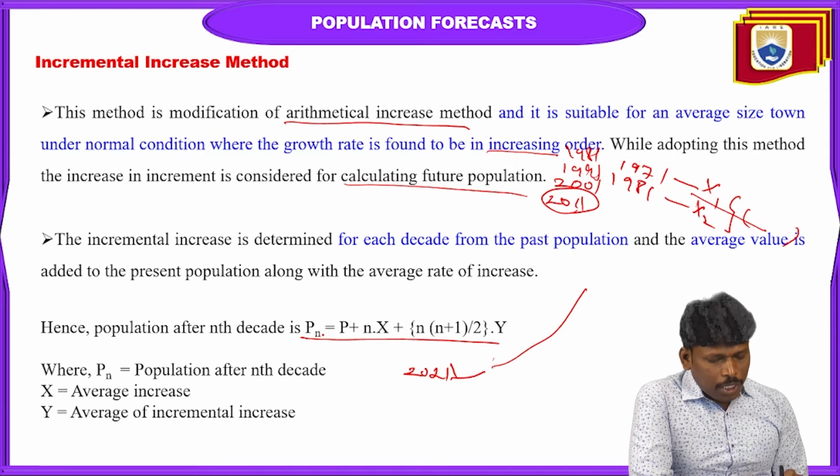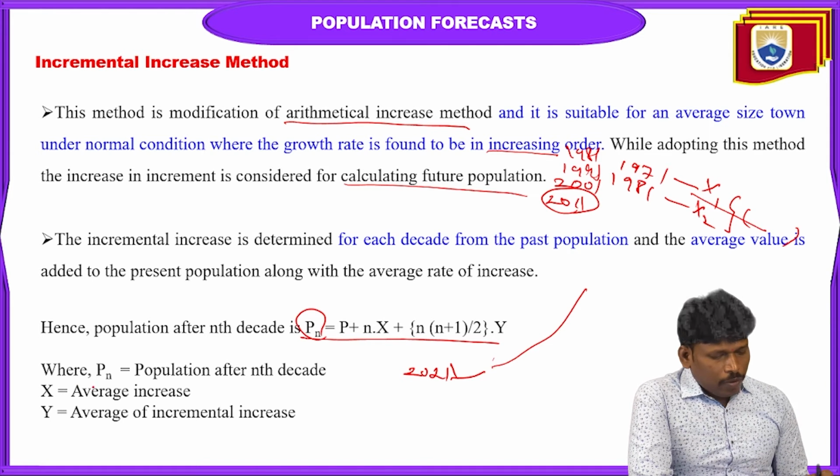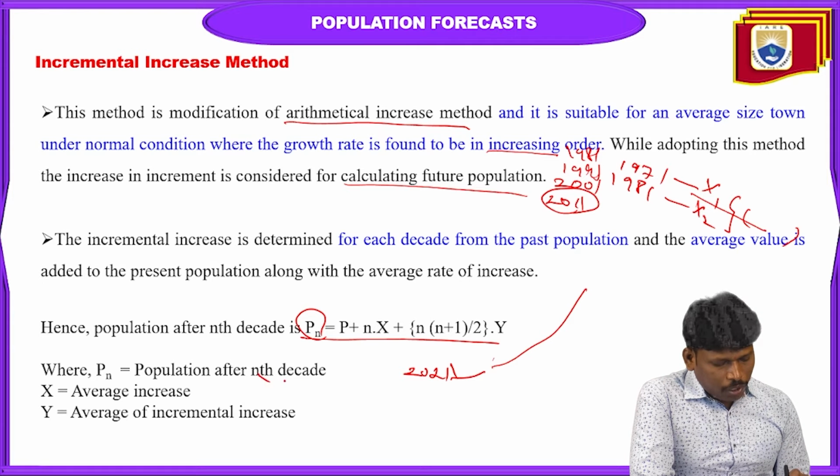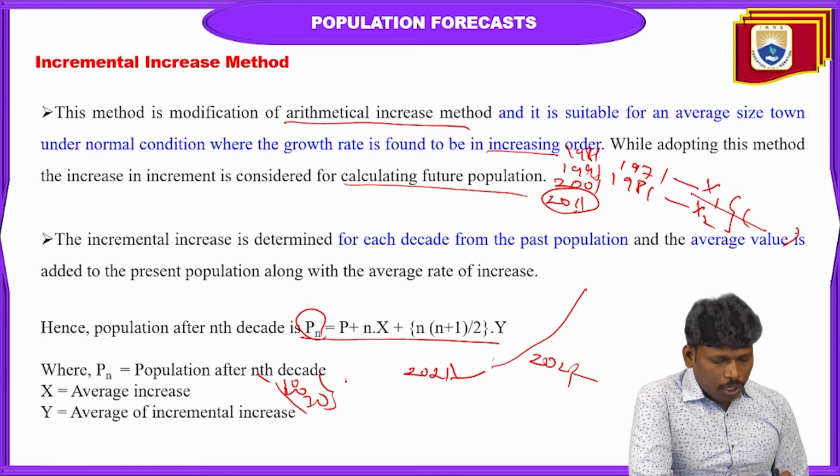Here P suffix n is nothing but the population after n decades, whatever decade you are calculating, for example 10 years after 2021, 20 years and 30 years; this is one decade, 1, 2 and 3 decades.